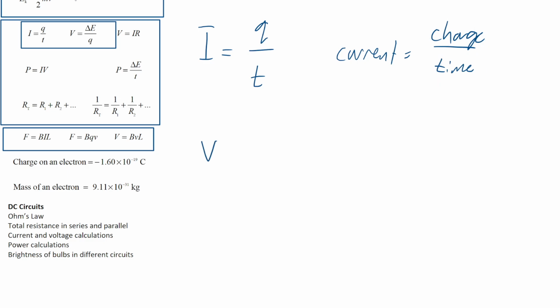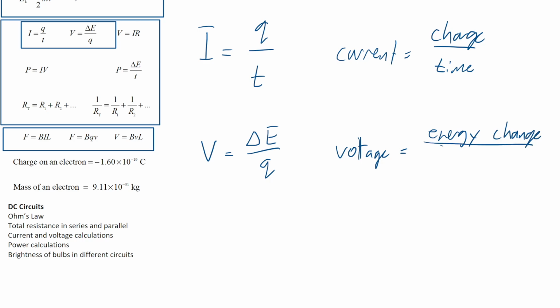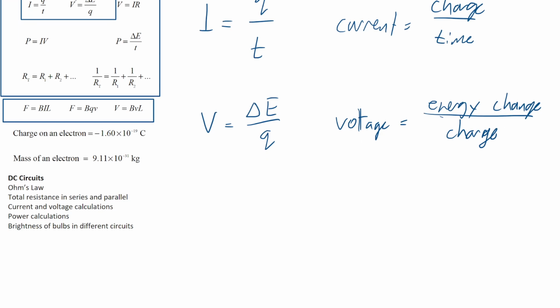Second equation, V equals change in energy per charge. So voltage, energy, change per charge. So I like to think of voltage, for example, if we have a battery, simple circuit.